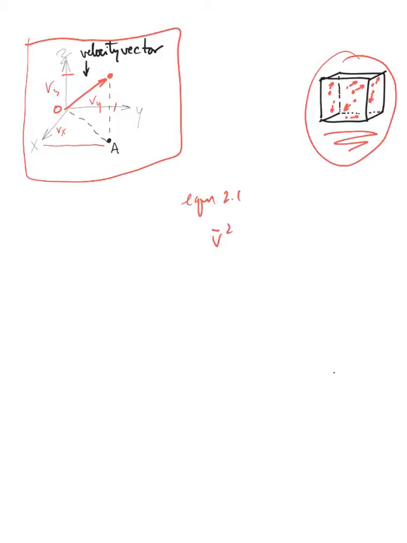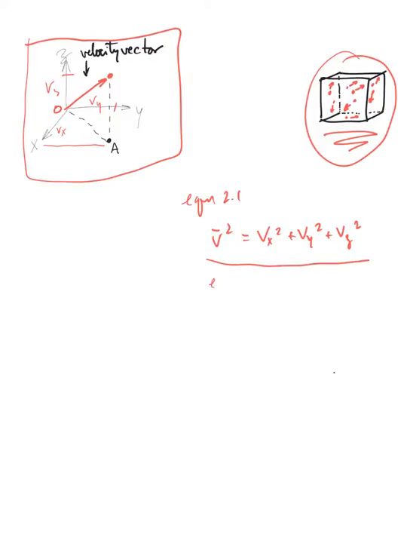The relationship uses essentially the Pythagorean theorem, and it says that the individual components squared, all taken as a sum, are equivalent to the velocity vector squared.